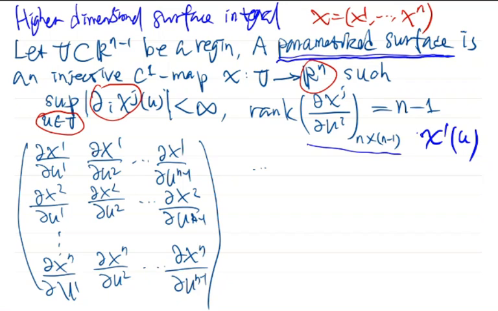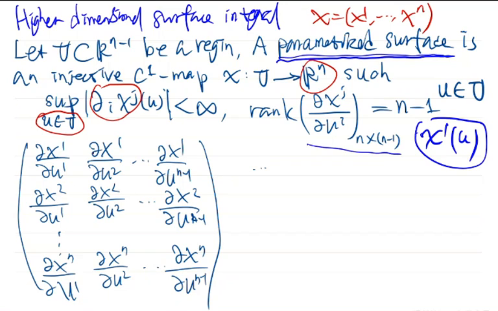The Jacobian matrix x prime u, that is ∂xj/∂ui, is an n by n-1 matrix. Its maximum rank is n-1. So we require that the rank of this matrix is n-1 for any u in the region U. When n is 3, this reduces to the surface we studied previously. So this is simply a generalization of our previous definition.